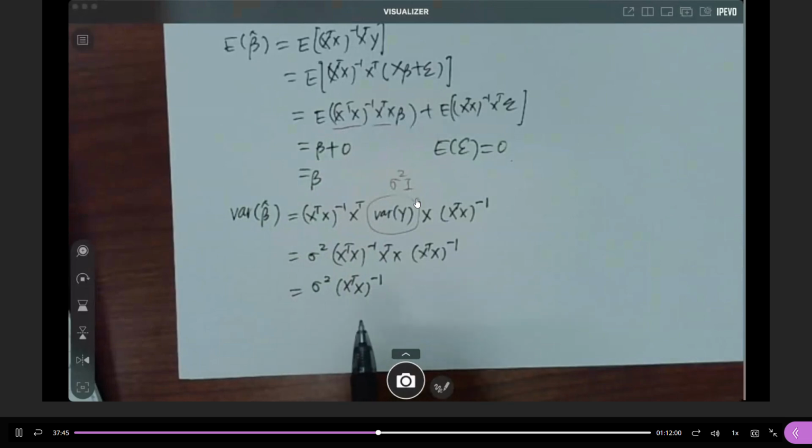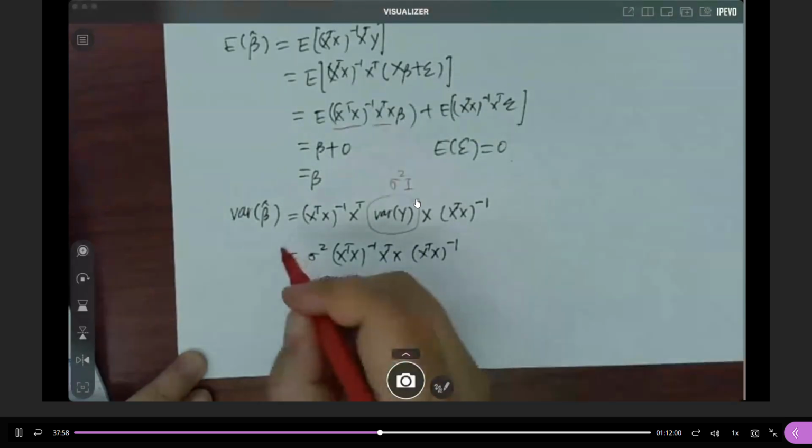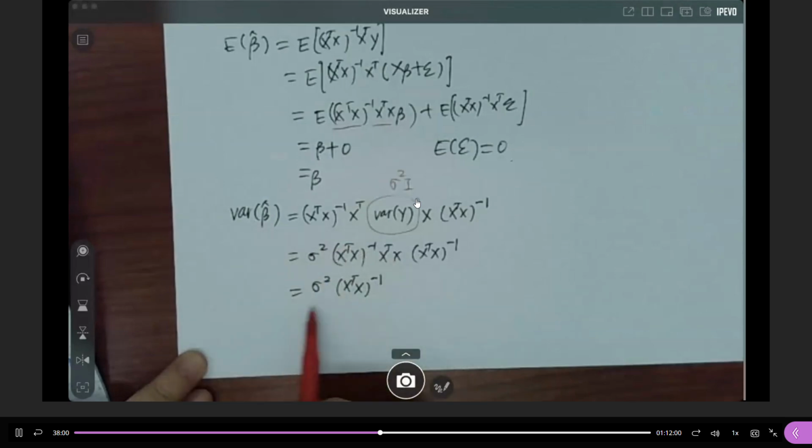So this is the variance of beta hat when the true sigma squared is known. If the true sigma squared is unknown, you need to use the estimated sigma hat to replace it. Remember, beta hat is a vector, so the variance of a vector gives you a matrix. This is still a p+1 by p+1 matrix.